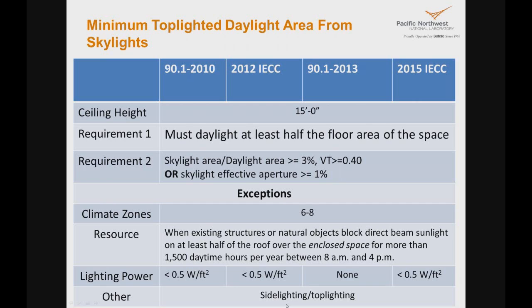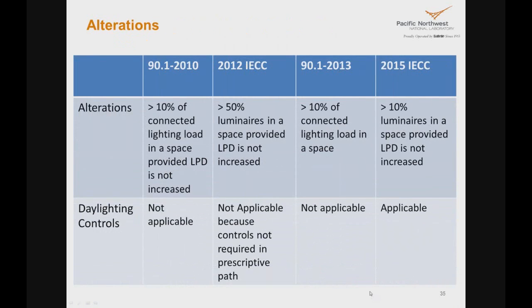If that part of the daylighted area is already falling under side lighting, you don't need to put additional skylights to daylight that area. Or if you have rooftop monitors and so on, then you again don't need to put in skylights. All right, so those were the requirements related to controls, side lighting controls, top lighting controls, and then minimum daylight area requirements for skylight. Now we are going to look at alterations.